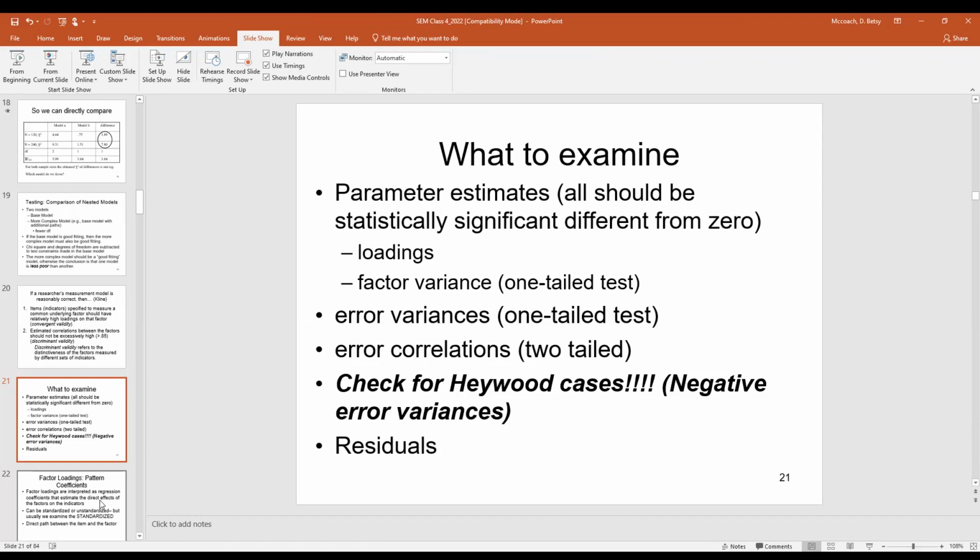Does that essentially mean that the observed score is the true score? Yeah, it means that the observed score on that item is basically redundant with the factor variance. I don't know if I want to go so far as to say it's the true score.